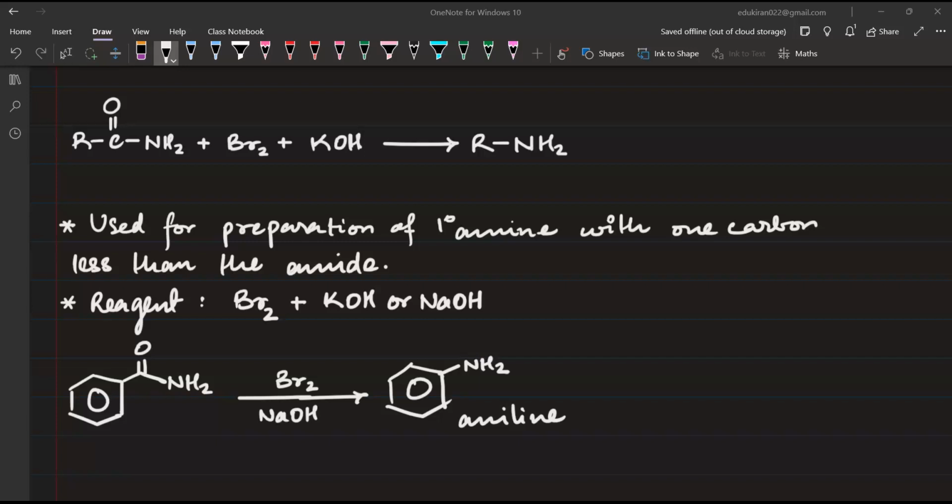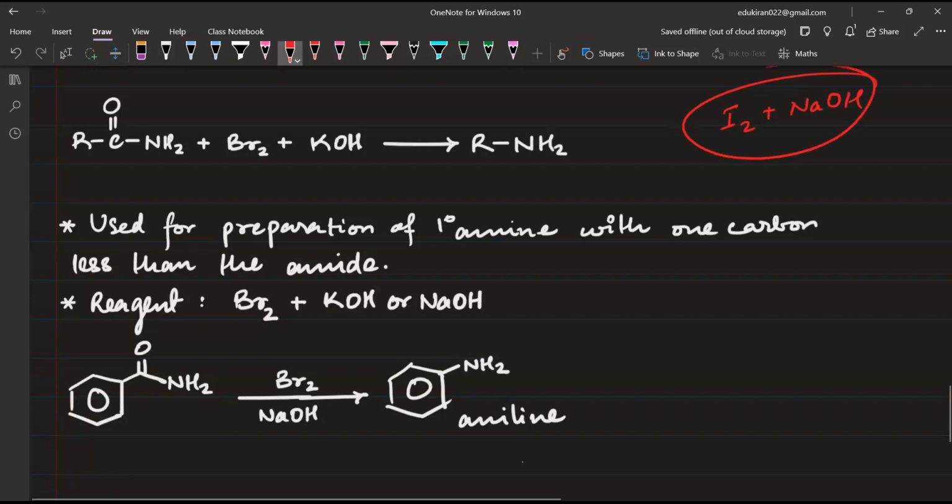Acha. Do you guys remember this reagent, I2 plus NaOH? Does anyone remember this reagent? I2 plus NaOH. No, sir.